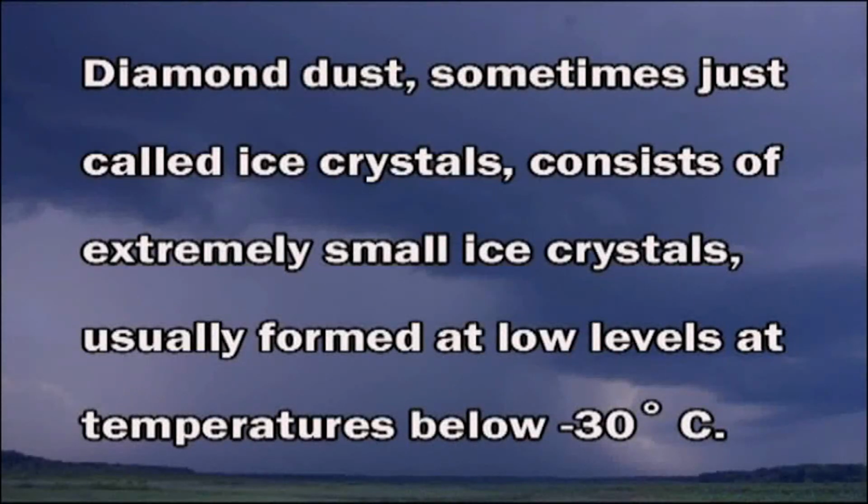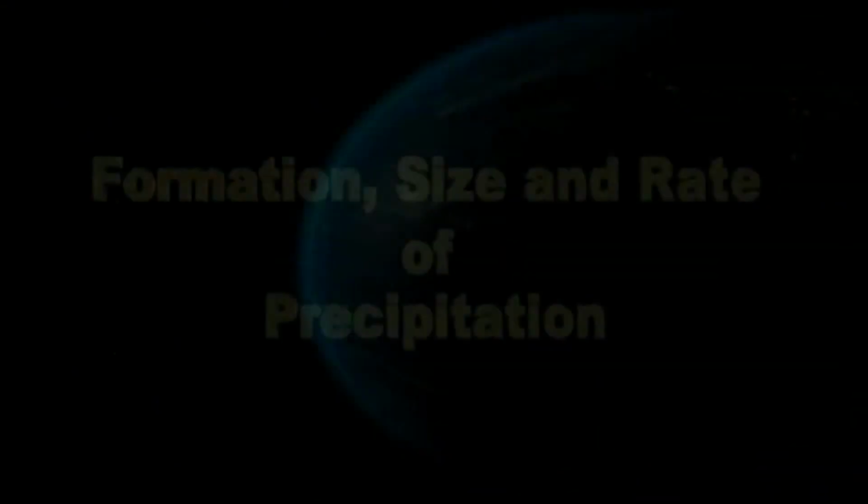Diamond dust, sometimes just called ice crystals, consists of extremely small ice crystals usually formed at low levels at temperatures below -30 degrees centigrade. The name diamond dust comes from the sparkling effect created when light reflects on the ice crystals in the air.